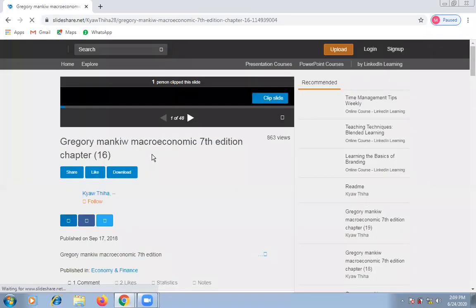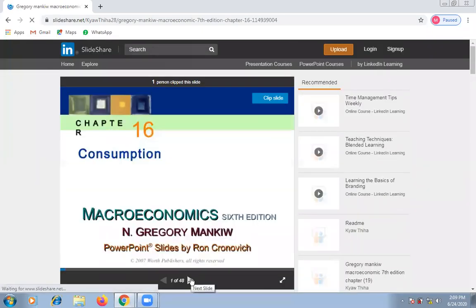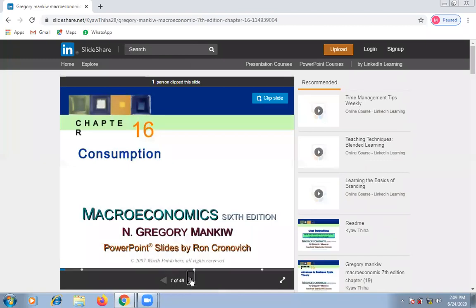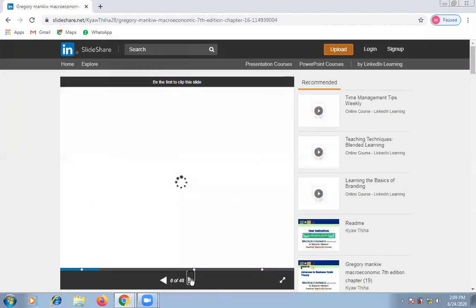Okay, Keynes consumption model explains that current consumption depends upon current income level.